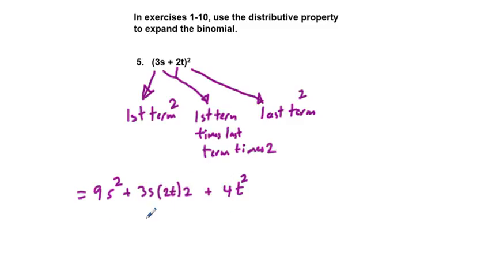Okay? Well, it's going to be simplifying this middle term. We have 9s squared. We bring that down. And 3 times 2 times 2, that's going to be equal to 12 total. 12st plus 4t squared, excuse me.